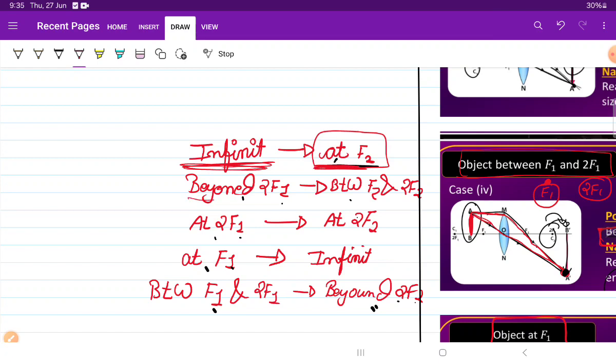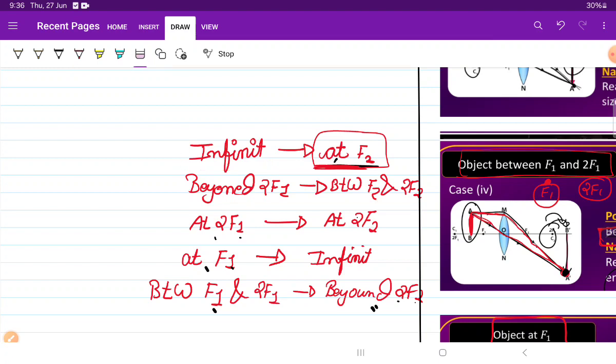If the object is beyond 2F1, that means beyond C, then the image will form between C and F in the concave mirror, but in the lens the image will form between F2 and 2F2. Okay, I hope that is clear to you all.